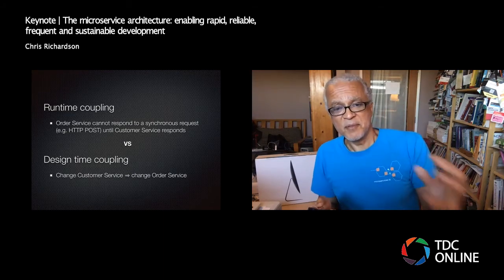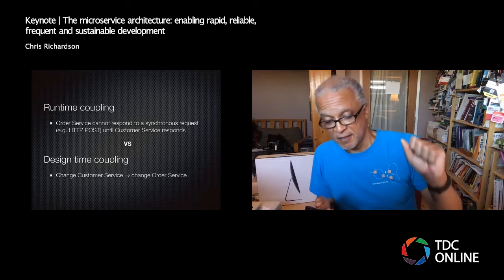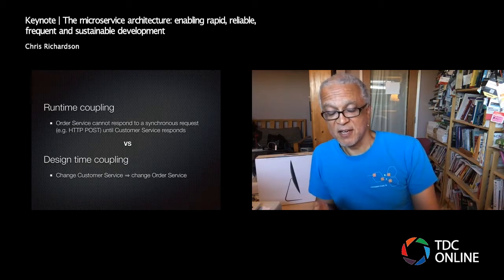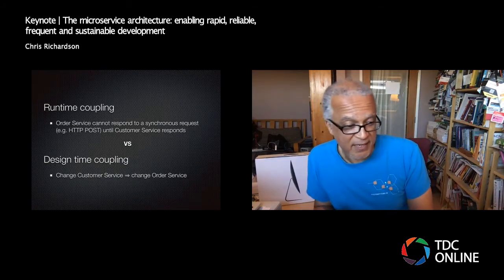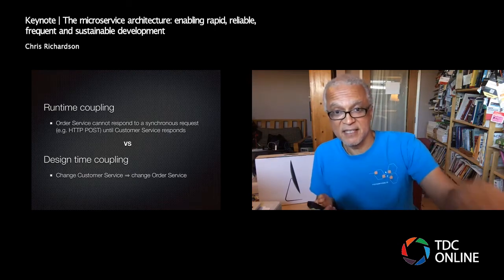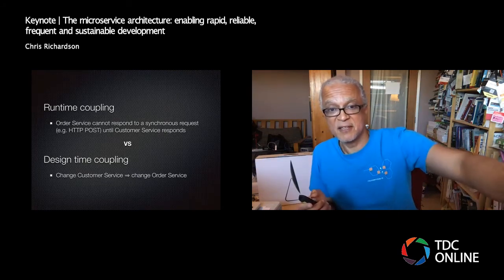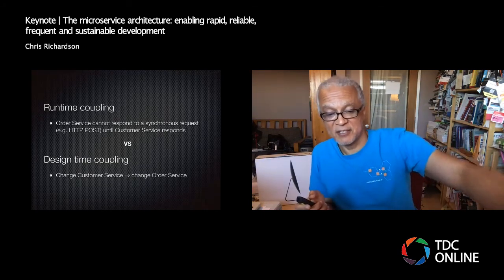And the problem you have with tight design time coupling is that it requires teams to coordinate, right? I want to make a change to my service, which changes the API in some incompatible way. Well, I now have to go talk to the other teams whose services are going to be impacted by that change.